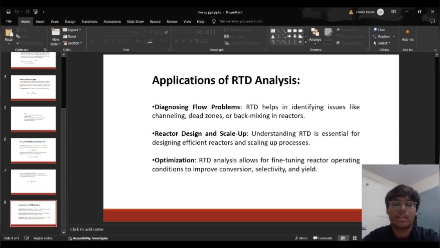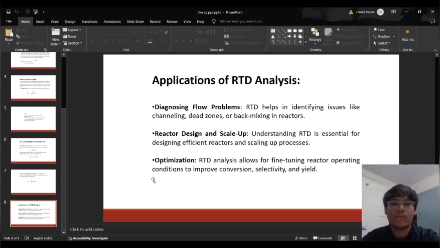So now let's discuss the RTD in non-ideal reactors and comparison with other reactor types. Before we wrap up, let's briefly compare RTD in a PFR with other reactors like the continuous stirred tank reactor, or CSTR. In a CSTR, the fluid inside is perfectly mixed, which means that a molecule can exit at any time.